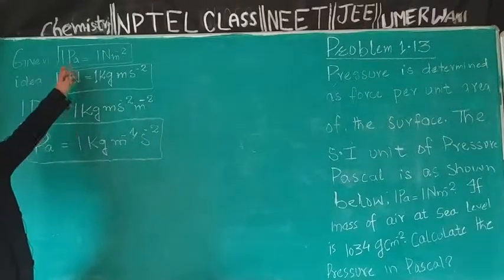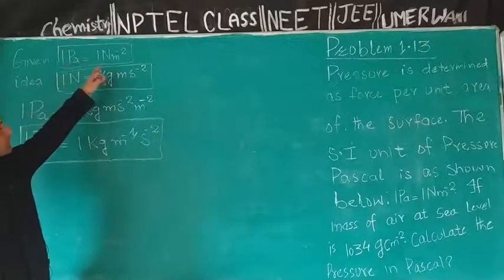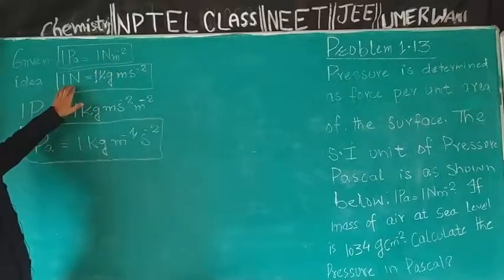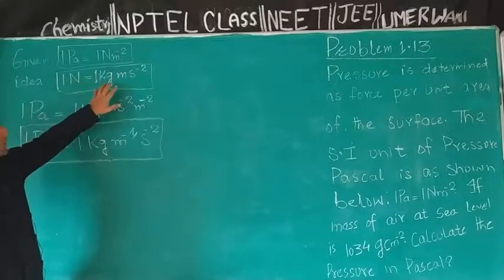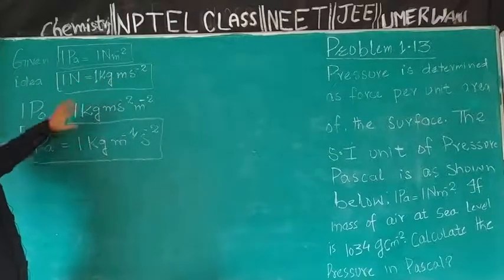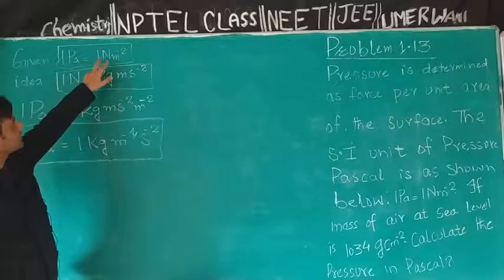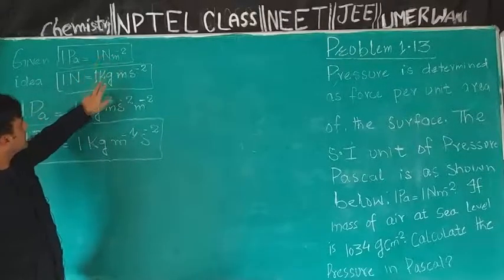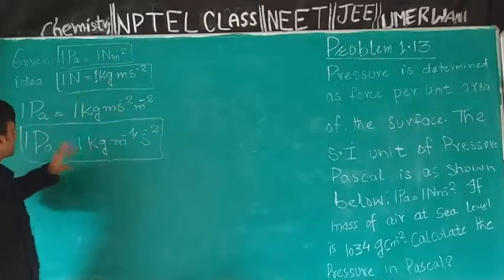It was given that 1 Pascal is equal to 1 Newton per meter square. I used the idea that 1 Newton is equal to 1 kilogram meter per second square, and expressed Newton in terms of kg meter per second square.